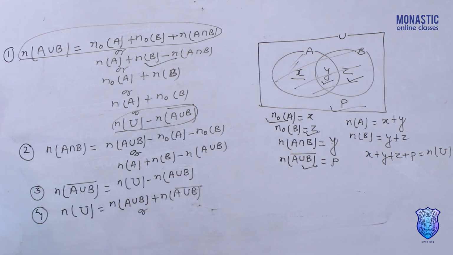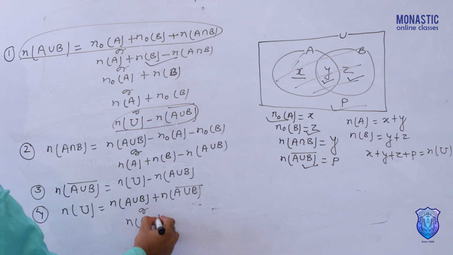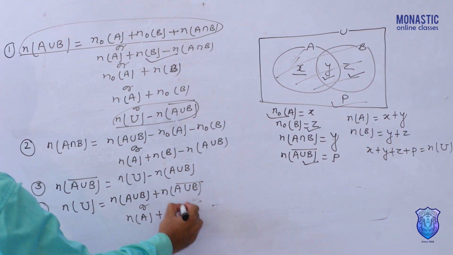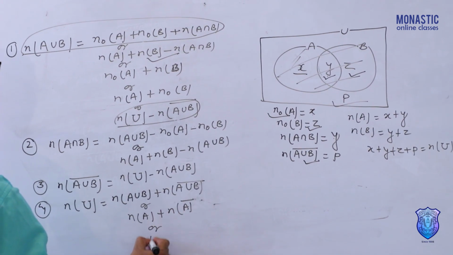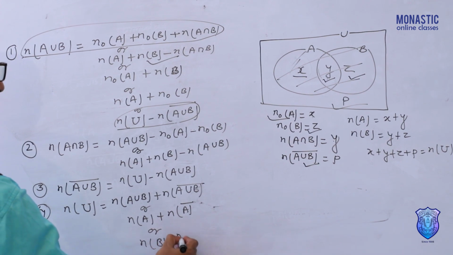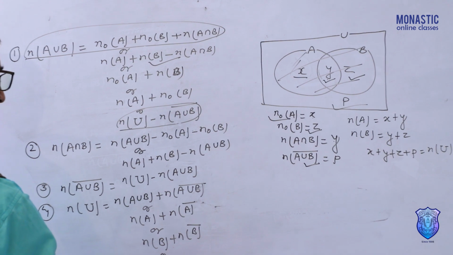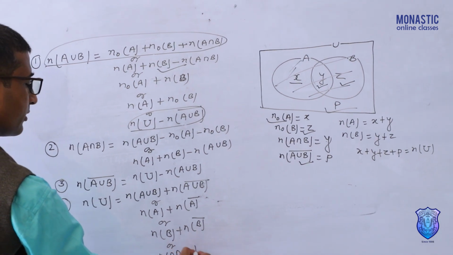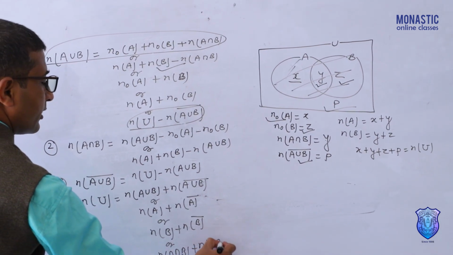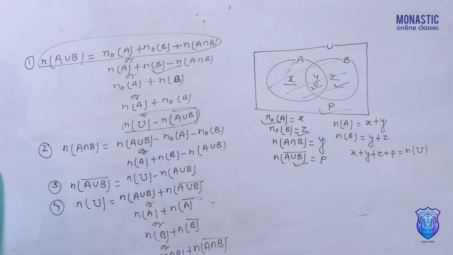Not only union plus union complement, whatever we are writing and its complement, like number of A plus number of A complement, number of B plus number of B complement, number of A intersection B plus number of A intersection B complement.